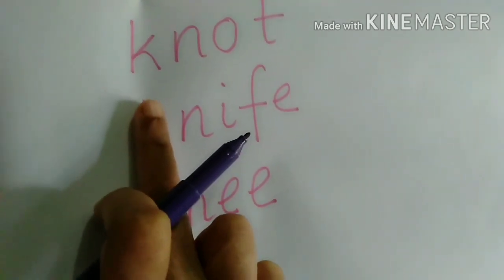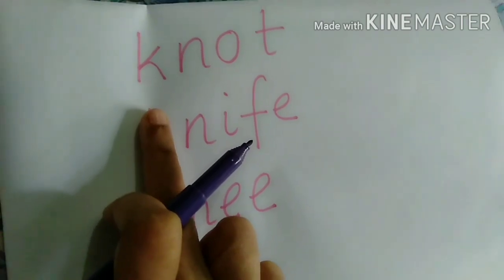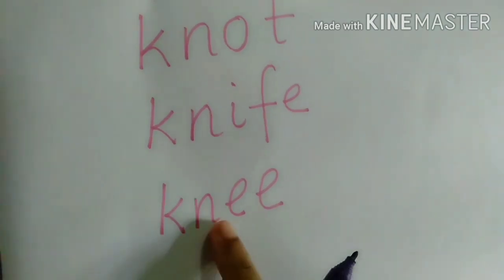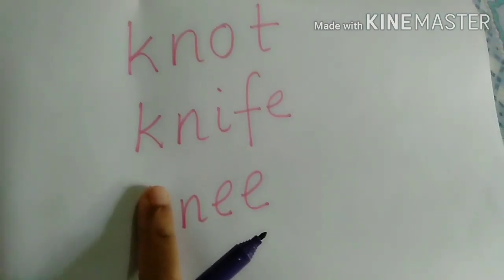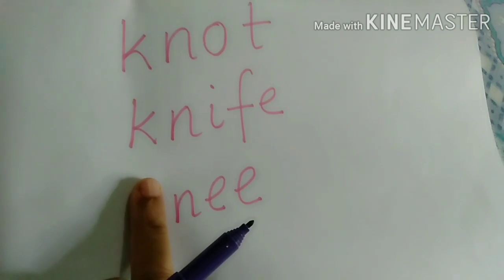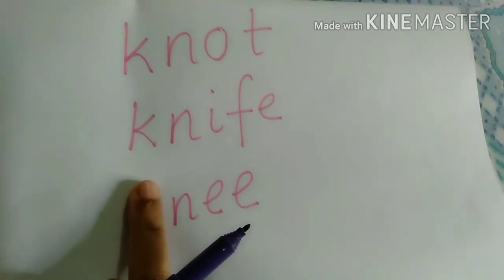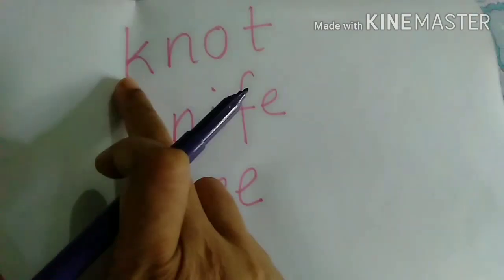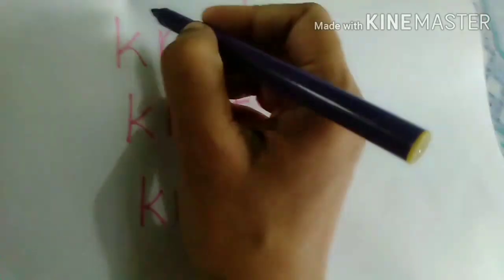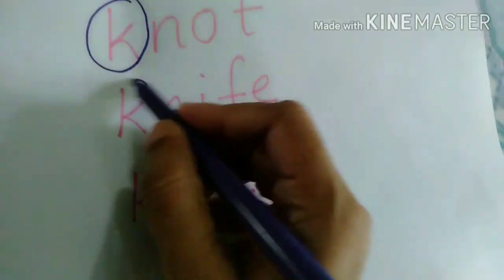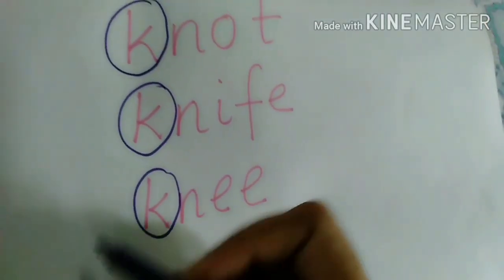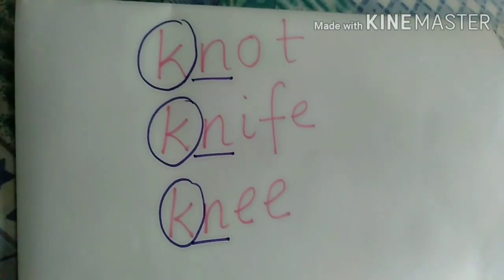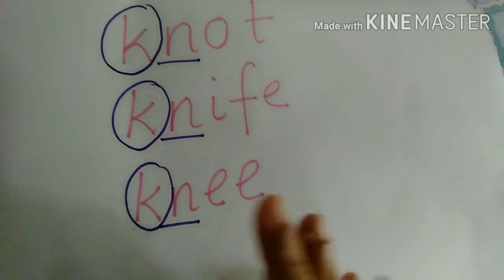Because if I don't write this, then also the pronunciation will be knife. K-N-E-E, knee. Here also the same. Without K also the pronunciation will be knee. And in all these cases, K is sitting before the consonant N. K is silent in all these cases and it is sitting in front of the consonant N. So, K is a silent letter in this case.